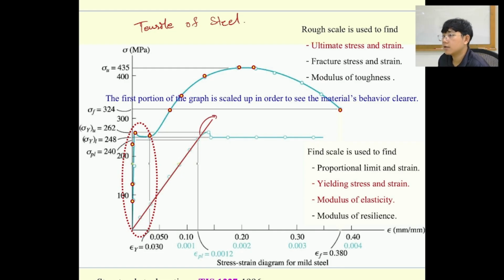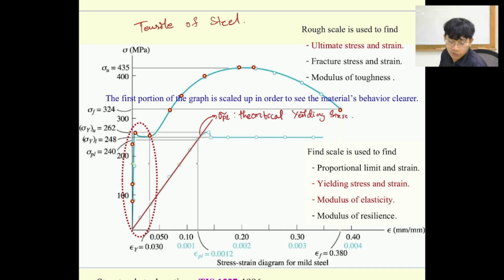It indicates the proportional limit, right? So proportional limit, or another word, we call it the theoretical yielding stress.